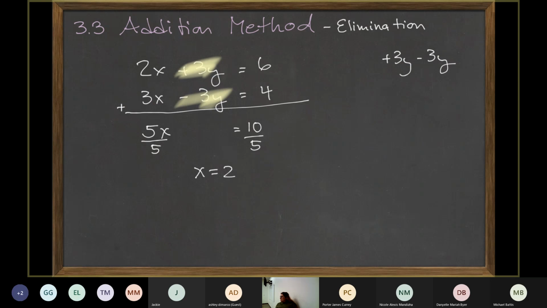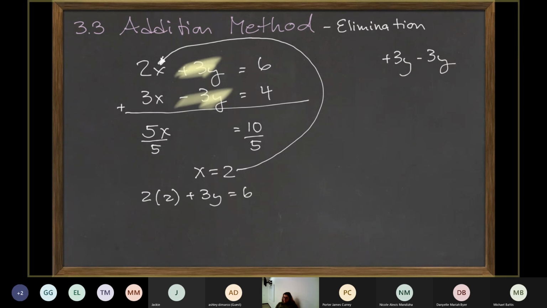Now we have to plug it into one of the two original equations. And again, be smart about it. Try to pick the one that has only positives so you don't have to worry about the sign. So I'm going to replace the x in the first equation with 2. 2 times 2 plus 3y equals 6. 4 plus 3y equals 6.